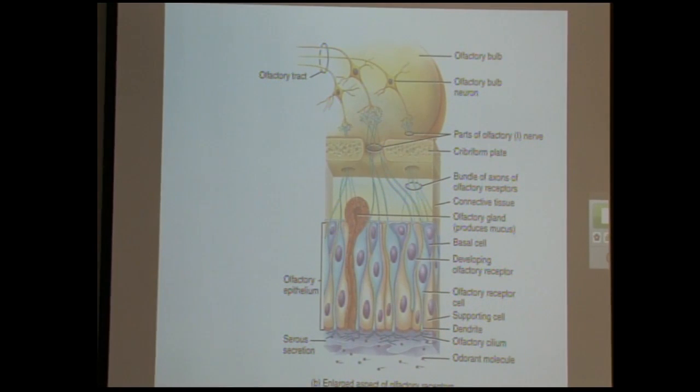What type of cell do you think the receptor cell is? An epithelial cell, a connective cell, a neuron, a muscle cell? It's a neuron.